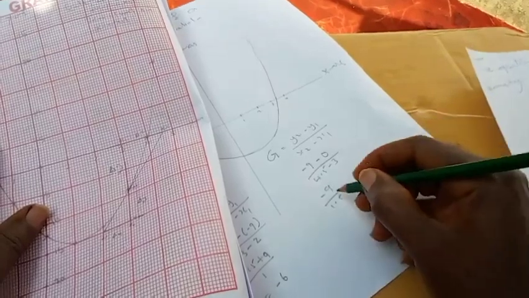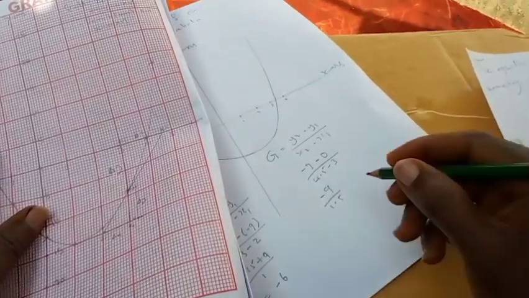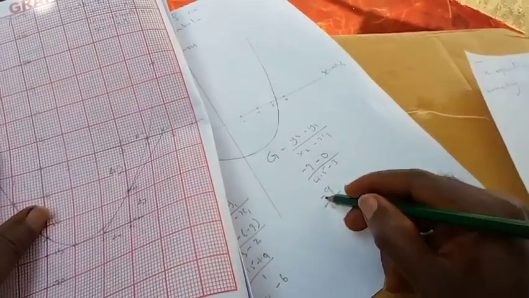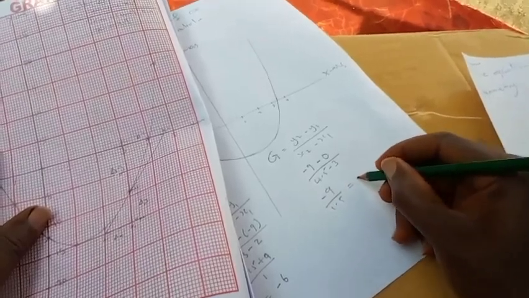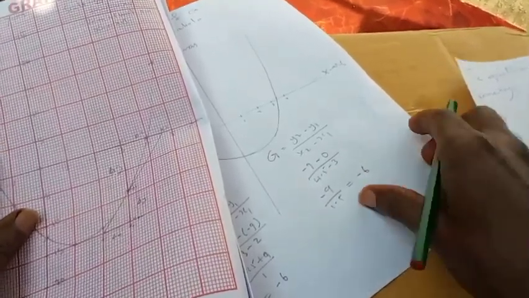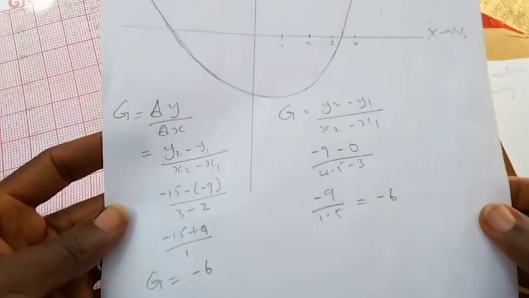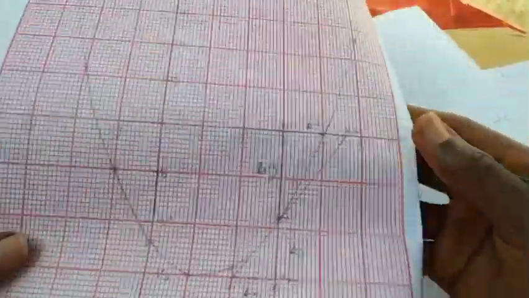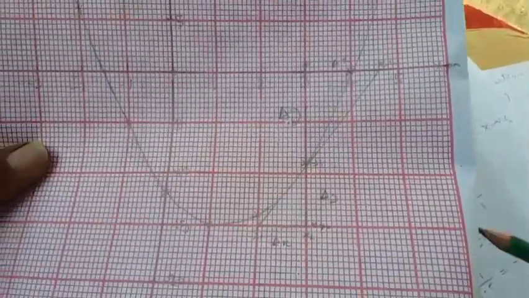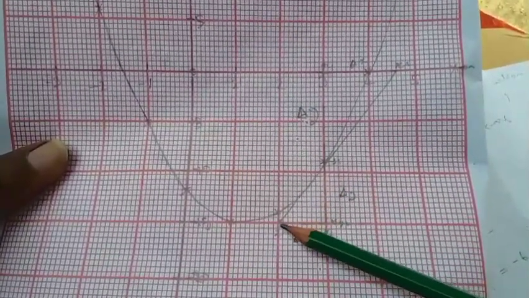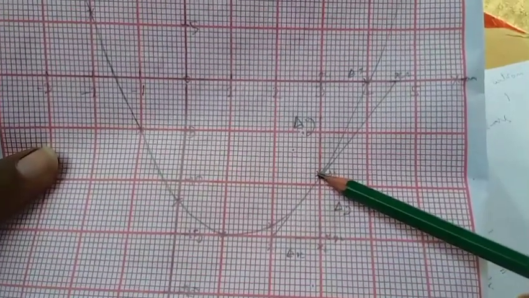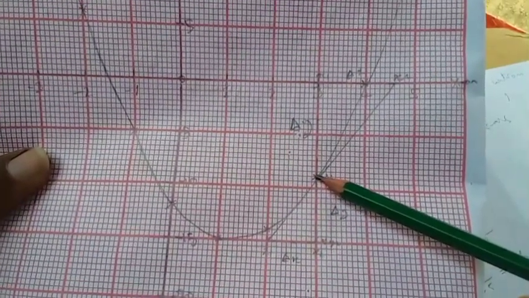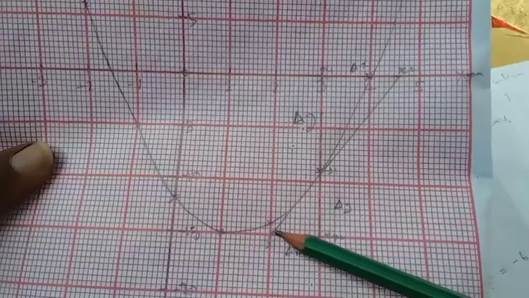So this calculator gave me 6. I know this minus is here, so it will make it minus 6. So you realize that both ways gave us the same result. Remember how I positioned it? Look at it again. I drew a tangent to touch this curve at this point, x being 3, and then I produced it like this.